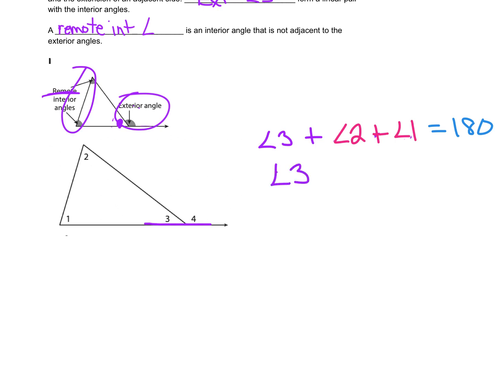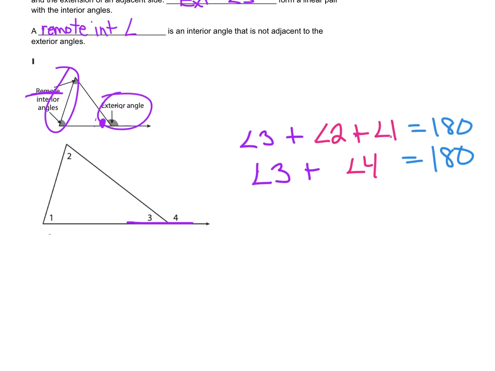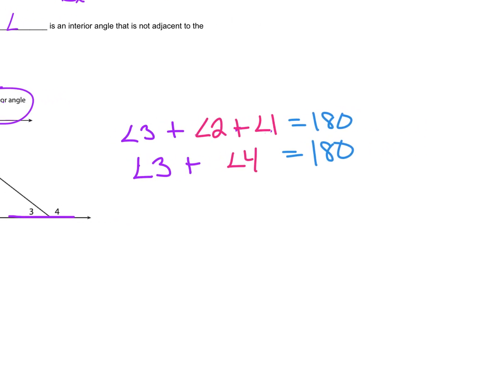Now we know that 3 and 4 make a linear pair, right? So angle 3 plus angle 4 also has to equal 180 degrees, okay? This is angles in a triangle, and this is a linear pair.